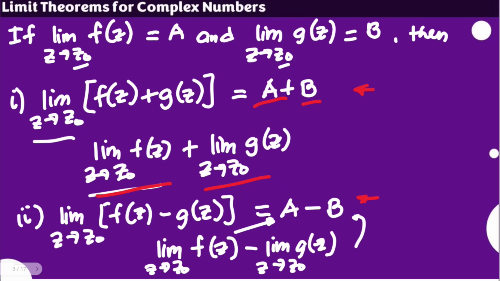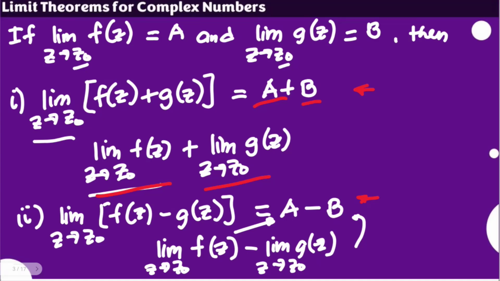If you have some examples later on, you'll actually apply these first two limit theorems. We also have the idea of substitution of whatever the value of z sub 0 is. Simply substitute that. But definitely, we will be using the same process if we look at it in a bigger and more comprehensive picture.